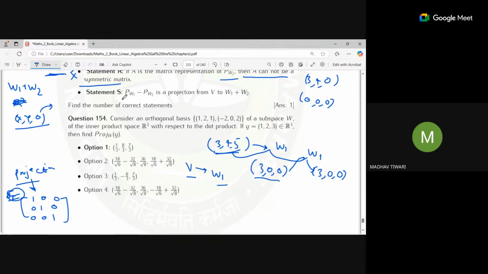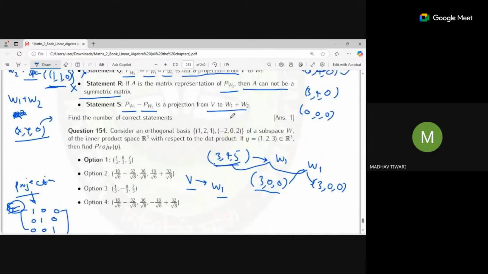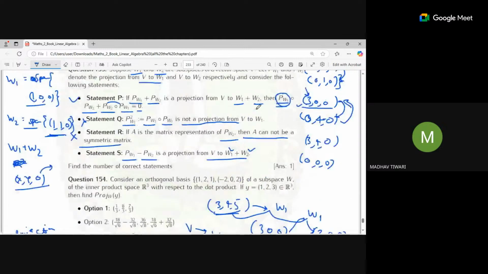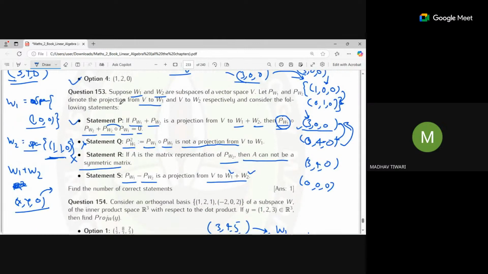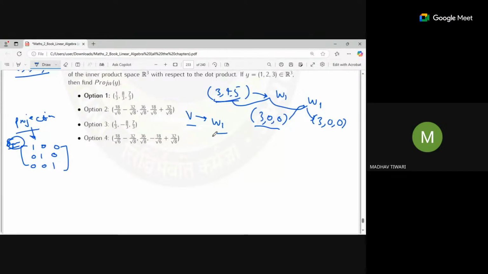The fourth statement is there. Projection of W1 minus projection of W2 is a projection from this to this one. So if I have a vector here, and suppose these W1 and W2 both are the same. In this case, it is not given, they are distinct. Okay, suppose both are the same. So if I find its projection on 100, what will that be? 300, right?